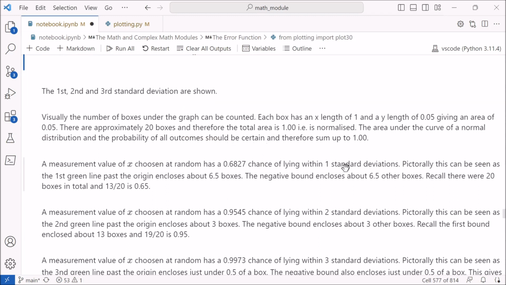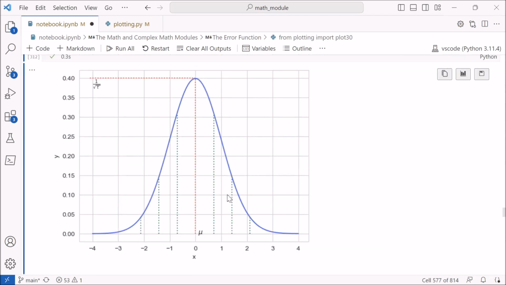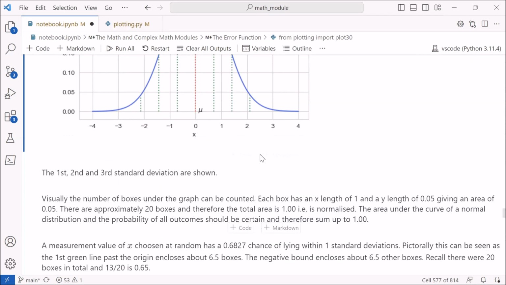Now, if you were to have a look at one standard deviation, you can see that the positive bound encloses about 6.5 boxes, and the negative bound also encloses 6.5 boxes.